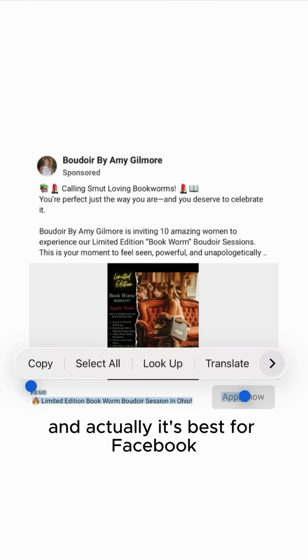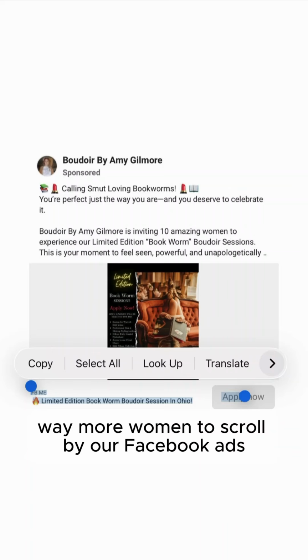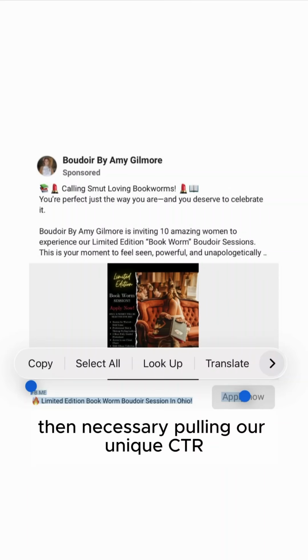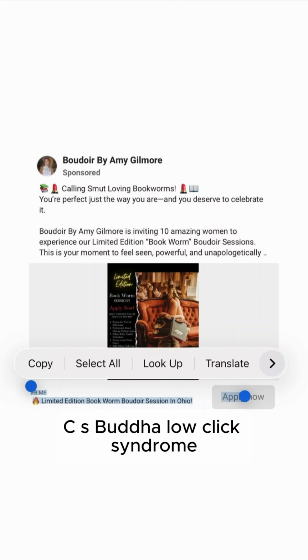And actually it's best for Facebook, it's worse for us when we fill these out. It causes way more women to scroll by our Facebook ads than necessary, pulling our unique CTR under 6% and contributing to BLCS, boudoir low click syndrome.